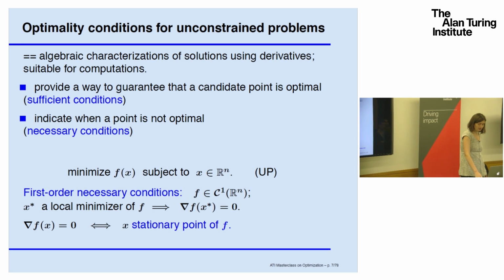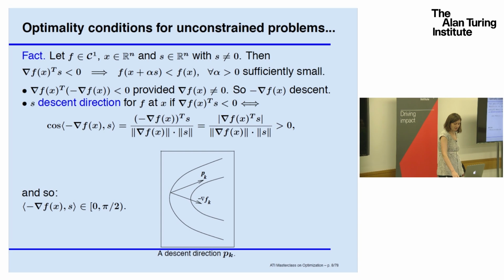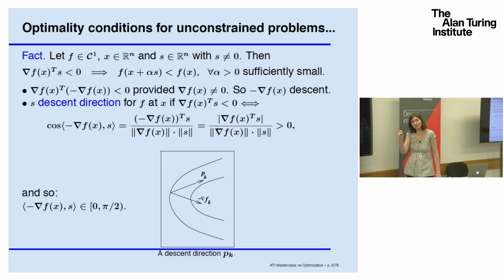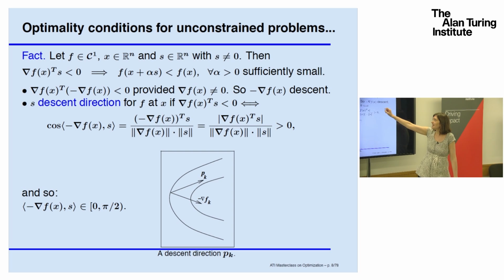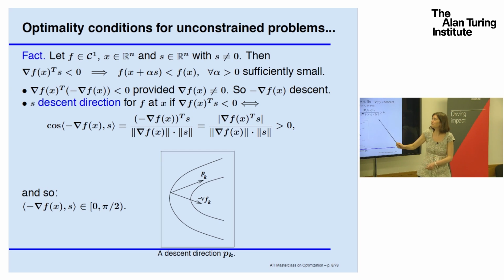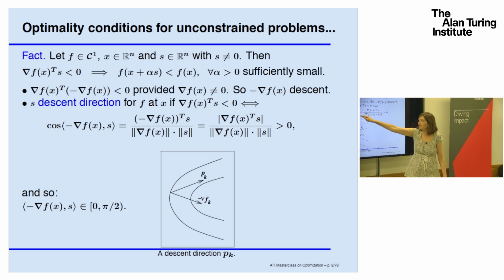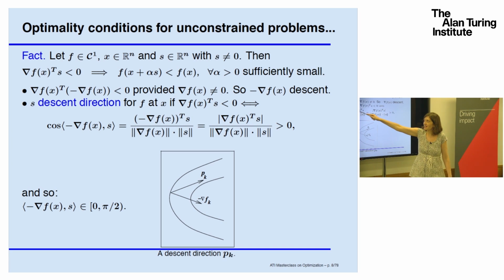Right. So let me try to give you an insight as to where this characterization is coming from. Here's a fact, and it's good for you to remember this throughout this presentation. I have a function that's smooth. I have a point in R^n, and I have a direction s that's non-zero. Then, if the gradient of f at my point x transpose s is negative, this transposition is just inner product.